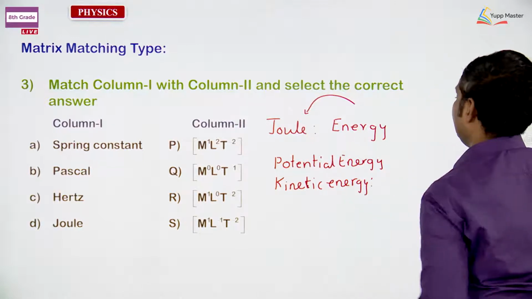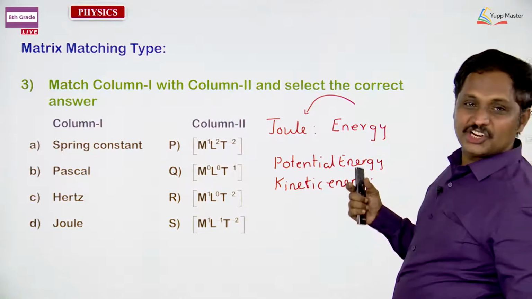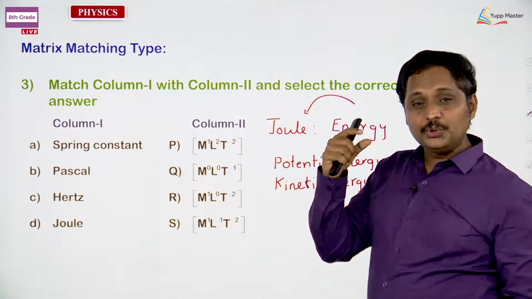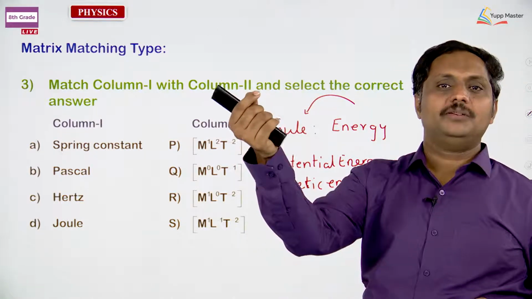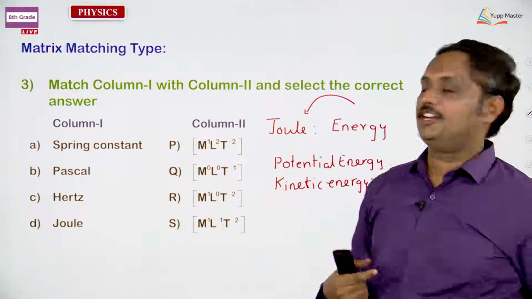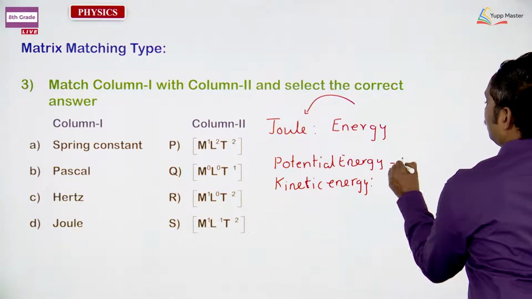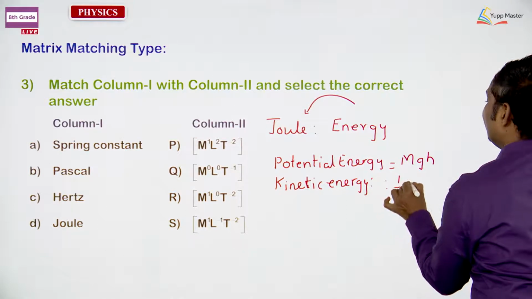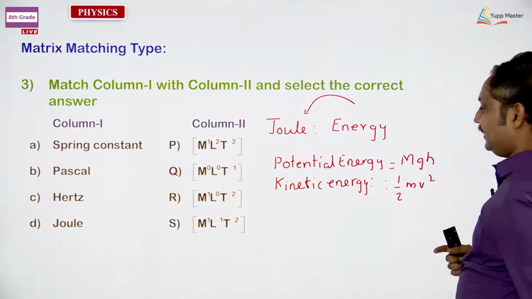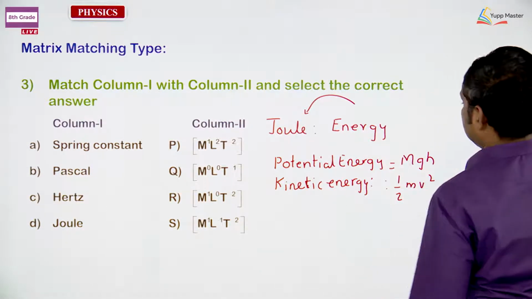Let us discuss that. If you have potential energy, due to the virtue of the state at a definite position in space, there exists a potential energy. So that is equal to mgh. Very clear. Now let's have a look.